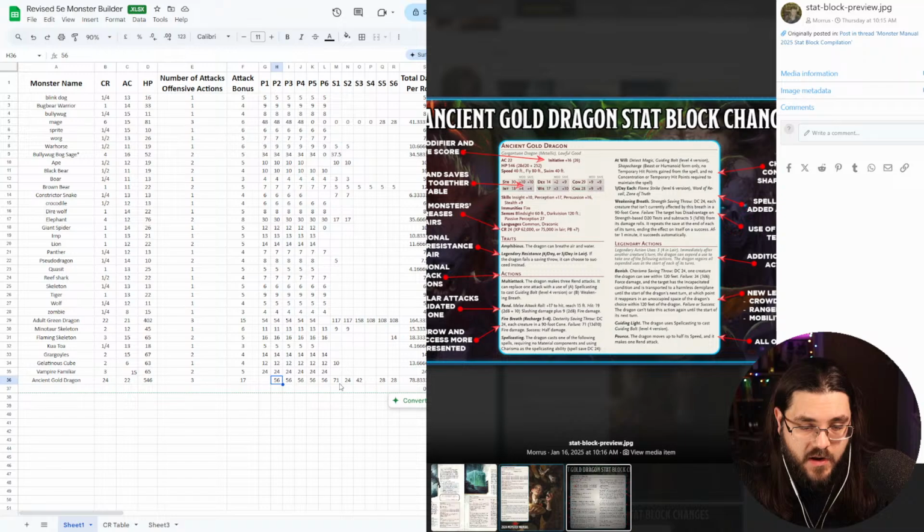Then the next round, it's doing 24, which is guiding bolt. Next round, it's doing flame strike. Round after that, no, not doing flame strike, is it? It's doing flame strike on turn 4. 24 is guiding bolt. 42. What's the 42?